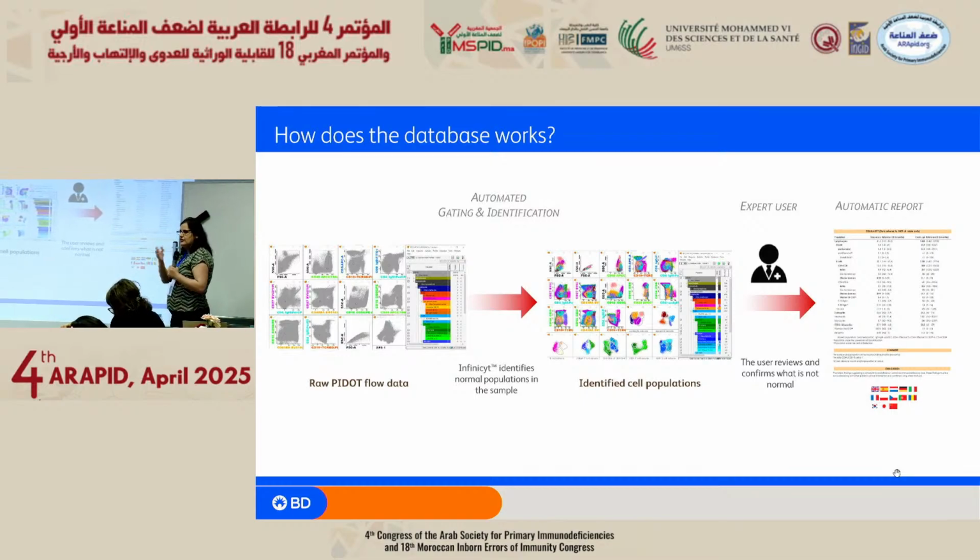So in case you want to use it in French, you can also put it in French, and it has the patient data compared with the reference data, and also some comments of advice on what populations are affected or not. It does not tell you which immunodeficiency it is. So you have to go to the ESID guidelines that I showed you before, and according to if the cells are increased or decreased or absent, then you can take your conclusion, okay?